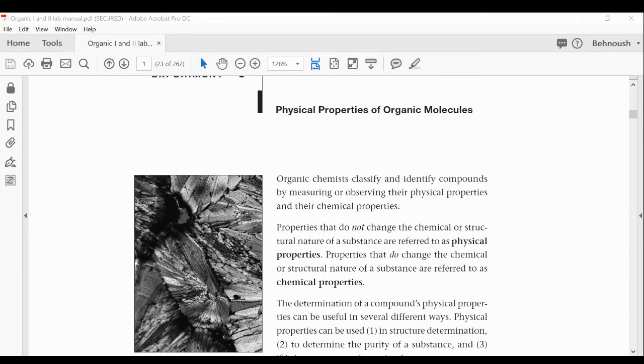Yes, let's say you have an unknown compound and your unknown compound melts at 120 degrees Celsius. Now you look at the table: compound A melts at 122, and compound B melts at 119 to 120. Your unknown melted at 120. These two numbers are too close to your unknown.